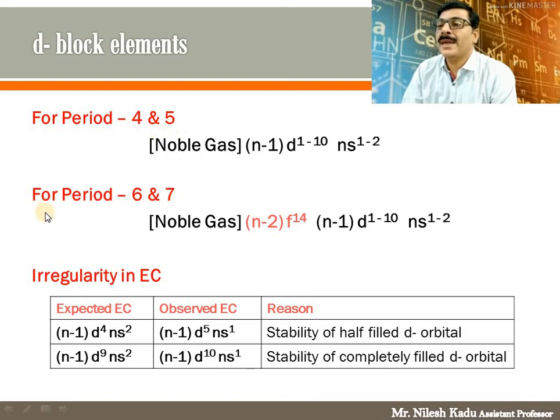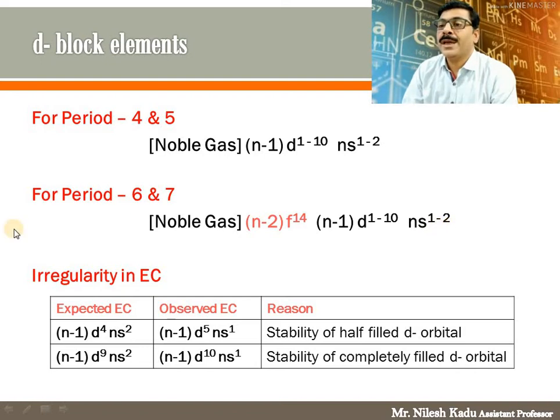Now for the 6th and 7th period, first you write the noble gas, then (n-2)f14, because here the f orbital is completed, so it contains 14 electrons, and then (n-1)d1 to 10, and ns1 to 2.